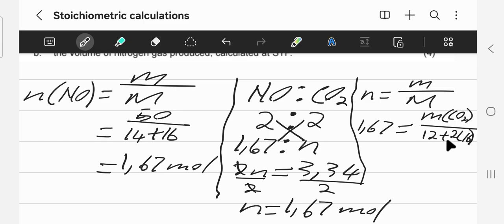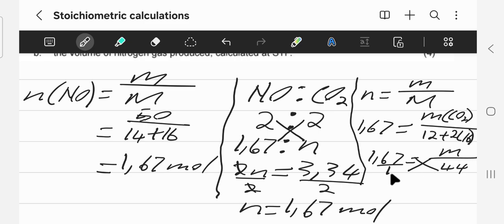And now we can proceed, guys. Let me just find the total of this. It's going to be 1,67 is equal to the mass of carbon dioxide divided by 44. And then we can cross multiply here.